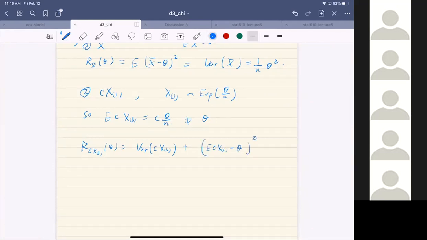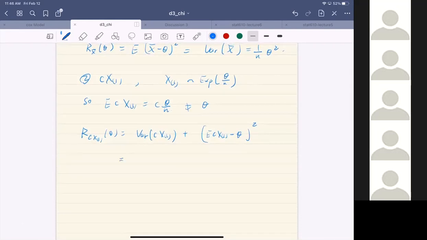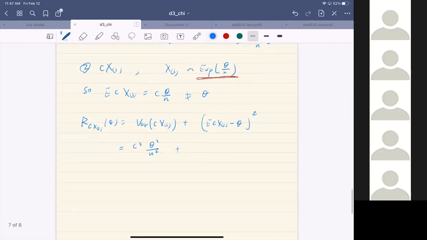So we have two terms. For the first term, we can use the property of this. So it should be C square. Variance is sigma square over n square. And for the second term, it's a bias, so it should be C theta.